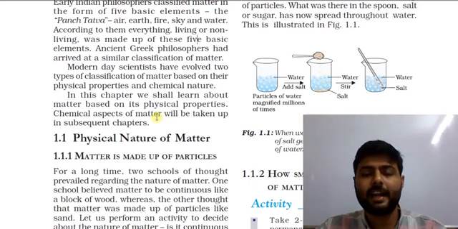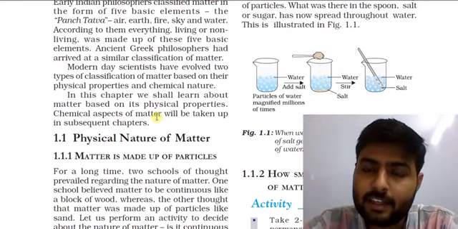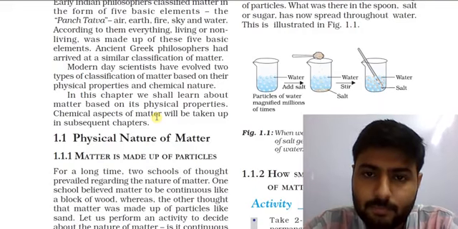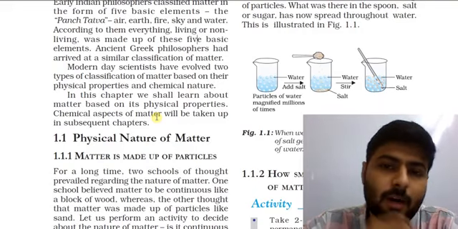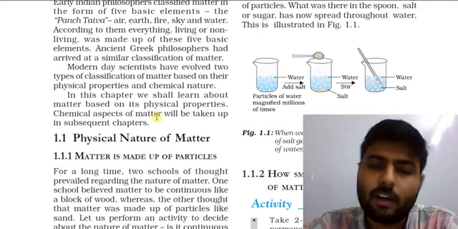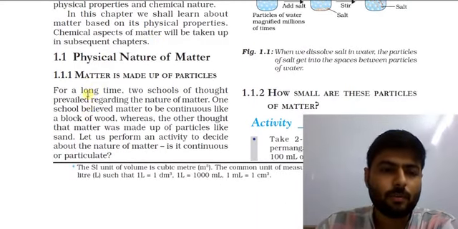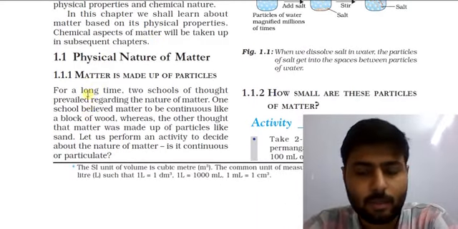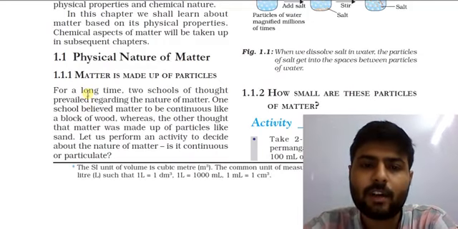In this chapter, we learn about physical properties of matter and objects. Now we have first topic number 1.1, that is physical nature of matter.